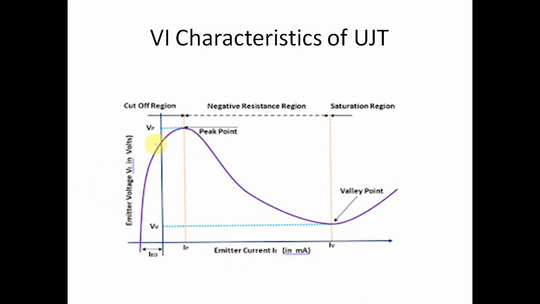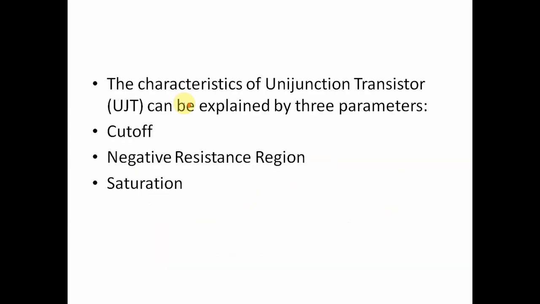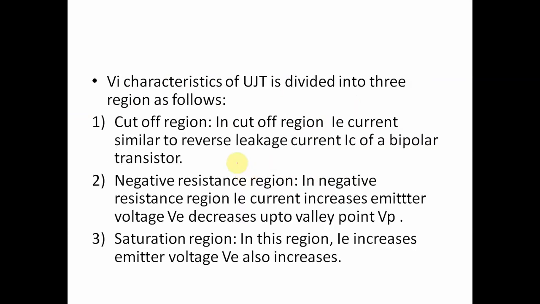The first is the cutoff region, the second is the negative resistance region, and the third is the saturation region. So the VI characteristics of UJT is divided into three regions: cutoff region, negative resistance region and saturation region.